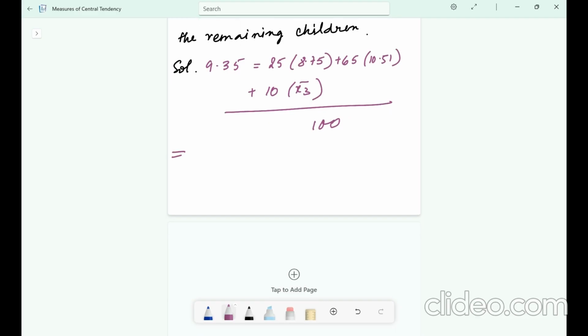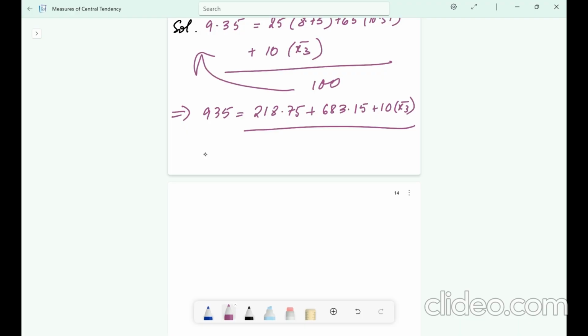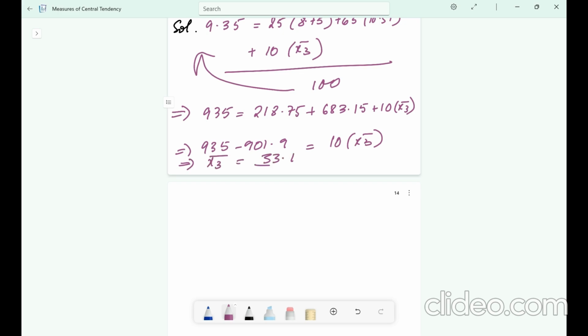Then by calculating, 935 is equal to 218.75 plus 683.15 plus 10 times the third mean. Further calculating, 935 minus 901.9 is equal to 10 times the third mean. Therefore, x3 bar is equal to 33.1 by 10, which is 3.31. This will be your answer.